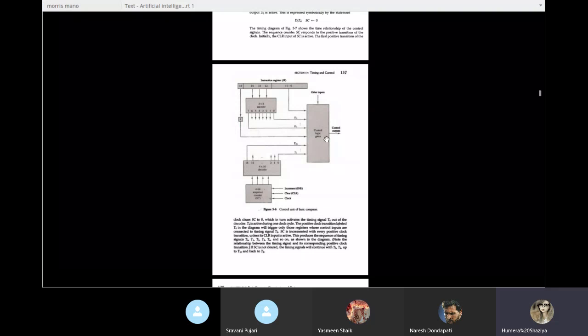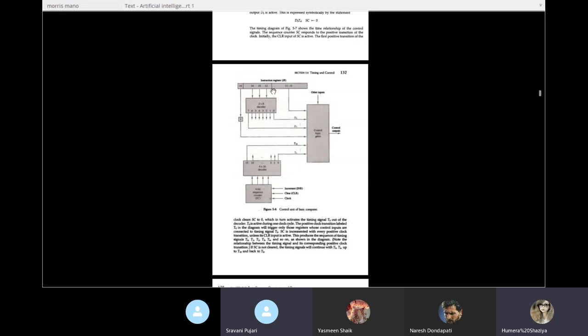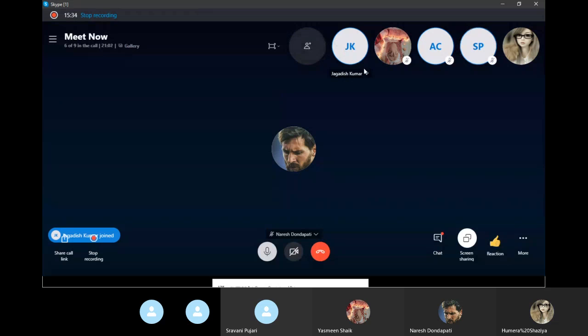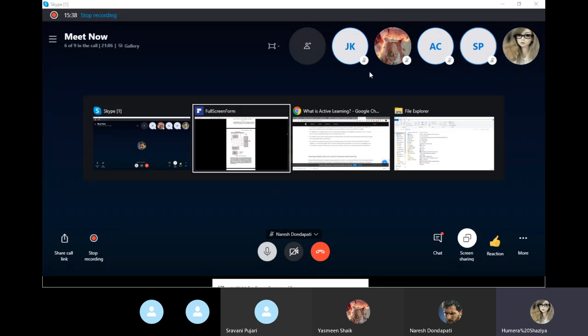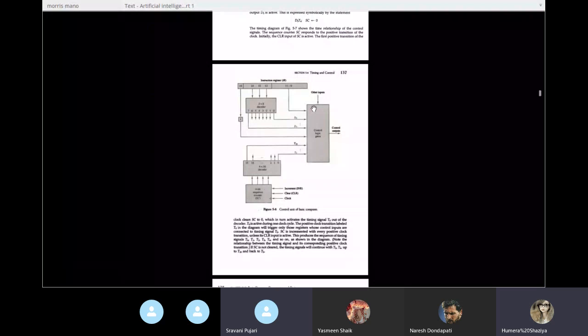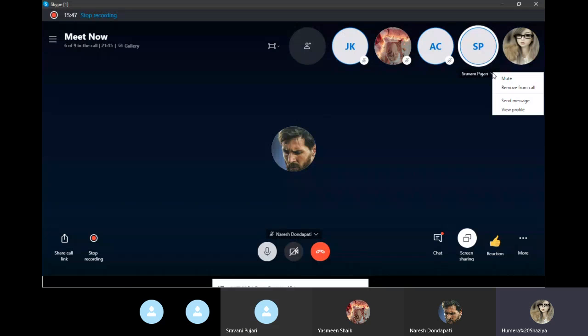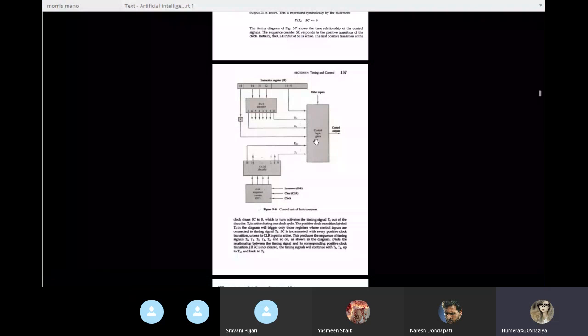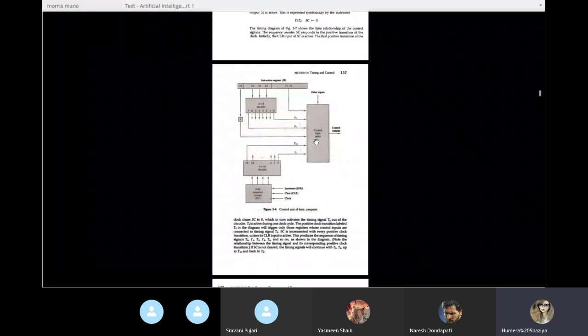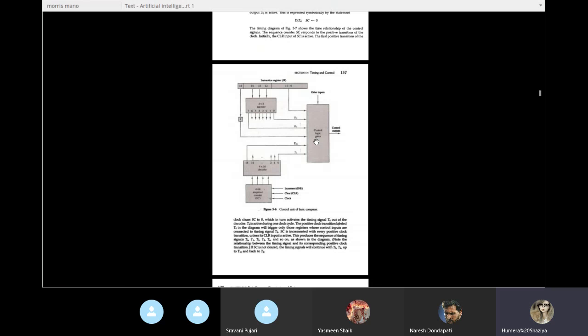When I said a bus takes the value of PC and activates the load signal of AR, at that time, because the timing signal T0 is connected to the load input of AR, that will get activated, and whatever you are sending from PC will be given as input to AR.